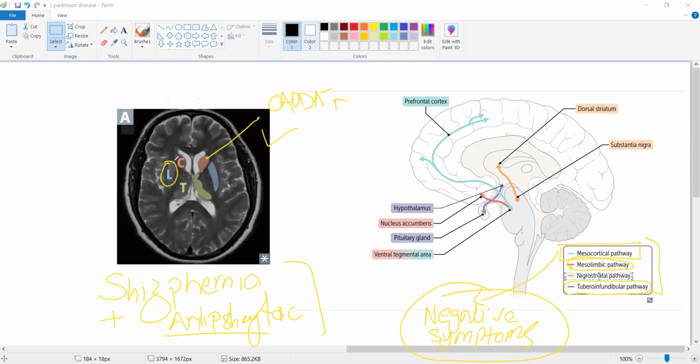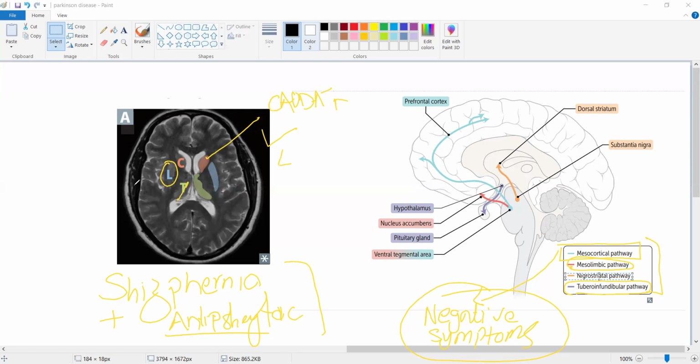L represents the lentiform nucleus. The lentiform nucleus is a combination of putamen and globus pallidus. So the striatum is putamen and caudate. Okay. And this is the thalamus. So you have to know this.